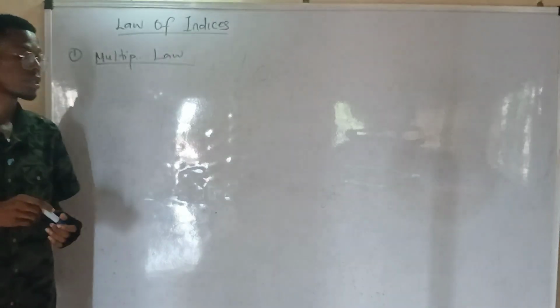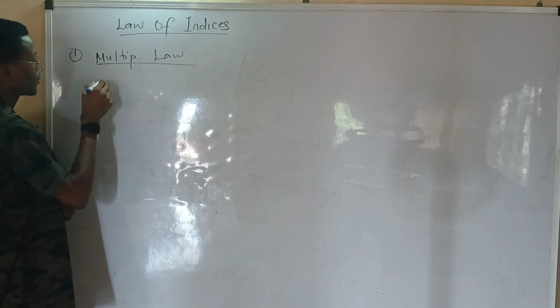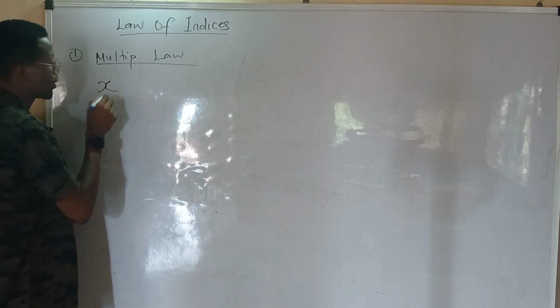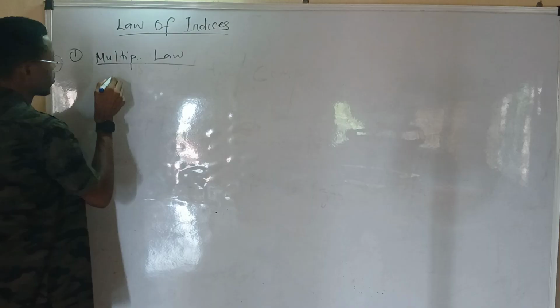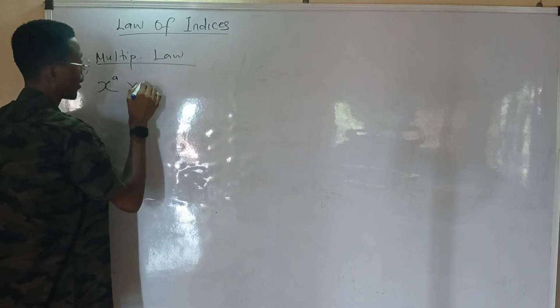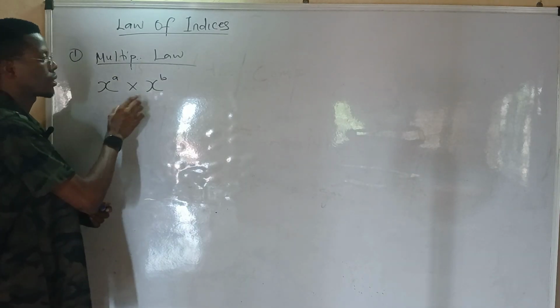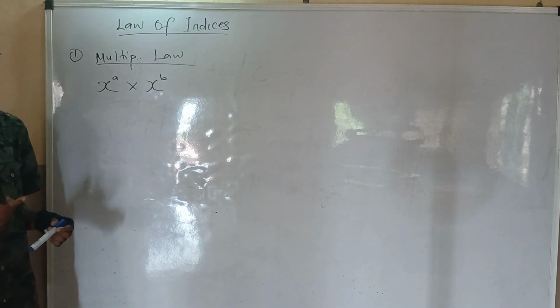Now, this is what it is. The multiplication law of indices: if you have a base, if you have x raised to the power of a multiplied by x raised to the power of b. Now, this x and this x, they represent a base. Are you getting it?